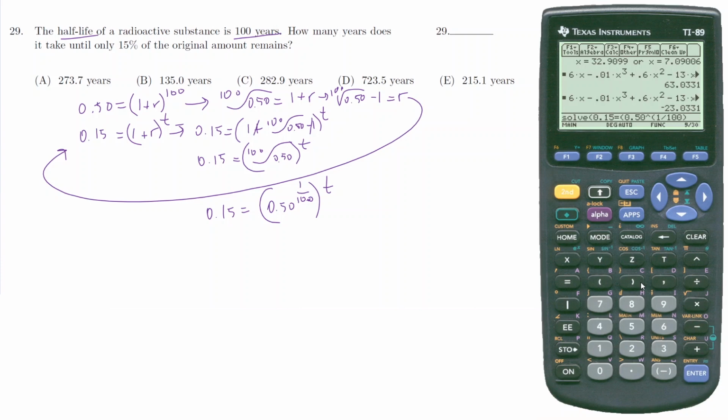And then that is also to the power of t, so it's like a power multiplied by t. I think I put an extra bracket before the 0.50, so, comma, t. Let's see what it gives me. 273. So it's A.